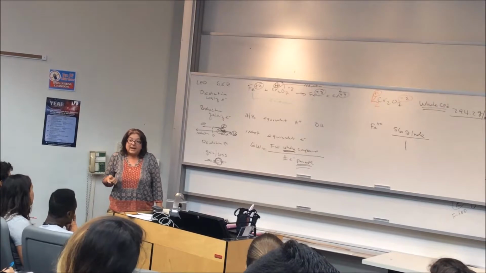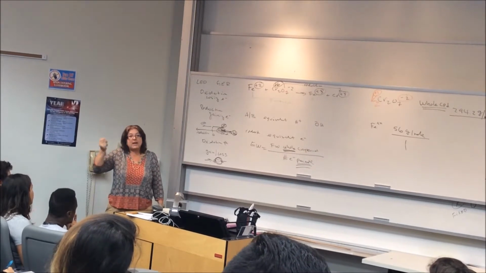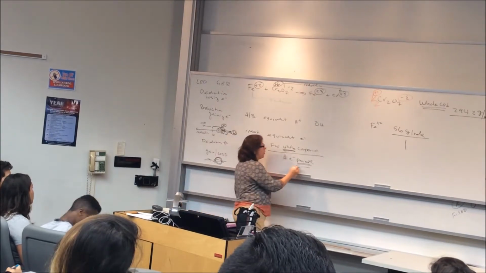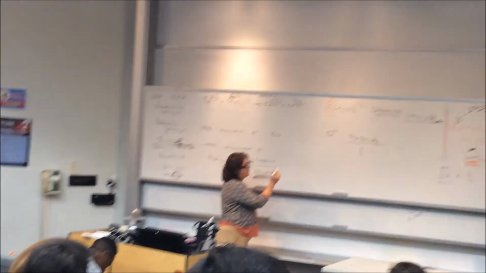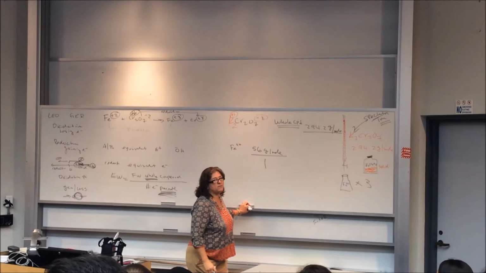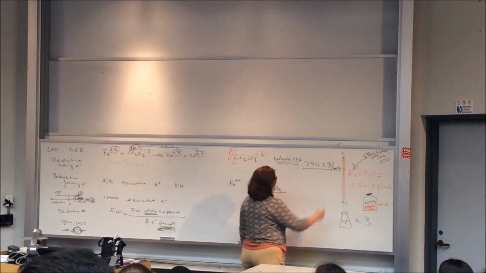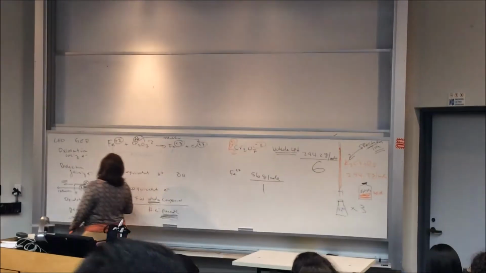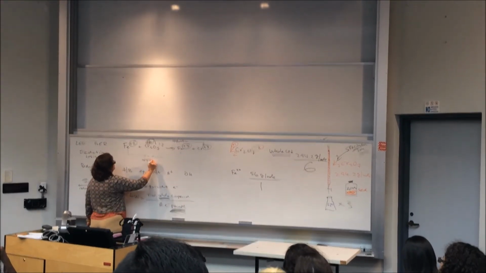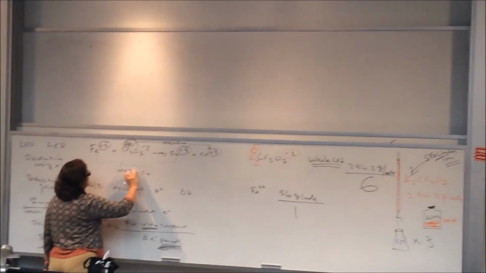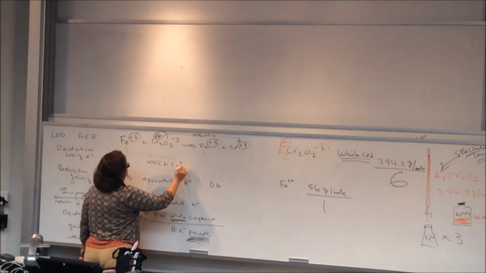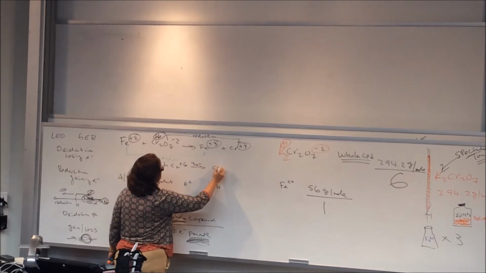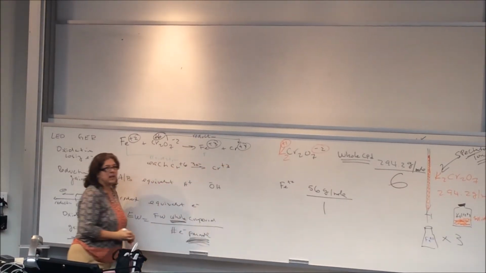But dichromate has 2, right? So per mole of dichromate, how many electrons are involved in the reduction? 6. Because each chromium +6 took 3 electrons to become chromium +3.